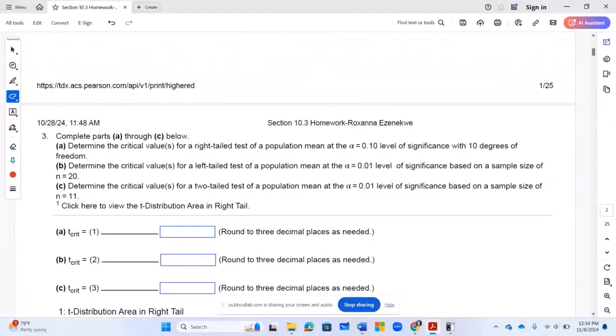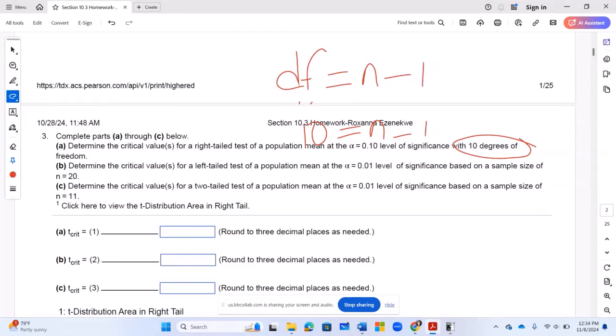In the t distribution, degrees of freedom, df, is equal to sample size minus 1. So anytime I'm given 10 degrees of freedom, 10 is equal to n minus 1. If I solve for n, I'll get that the sample size is 11.